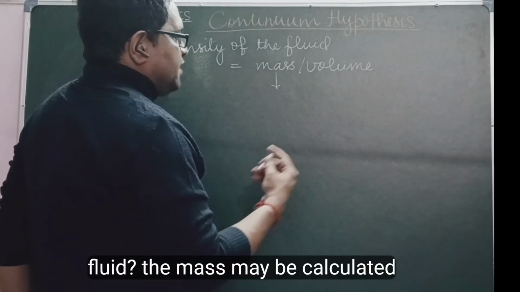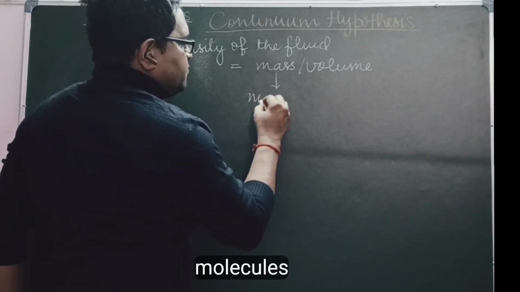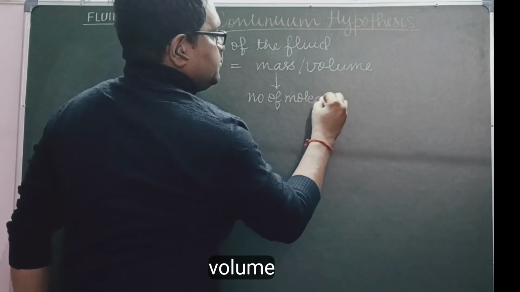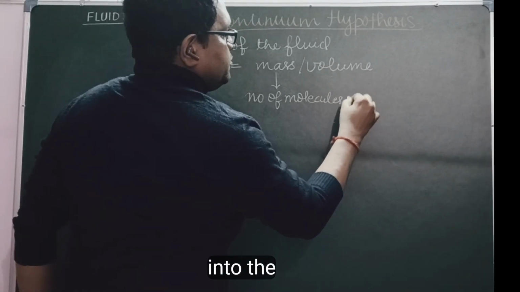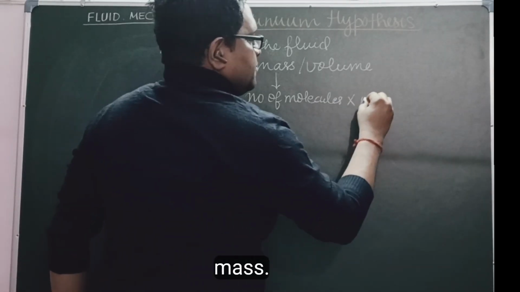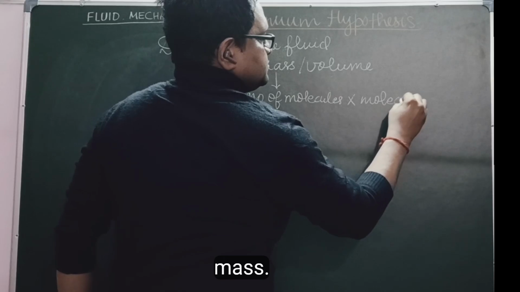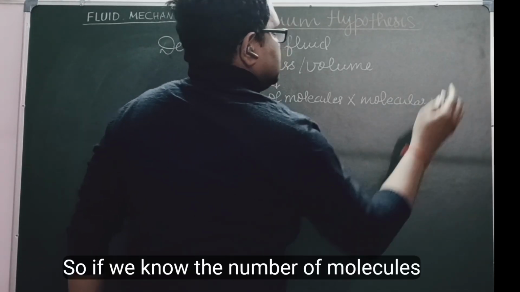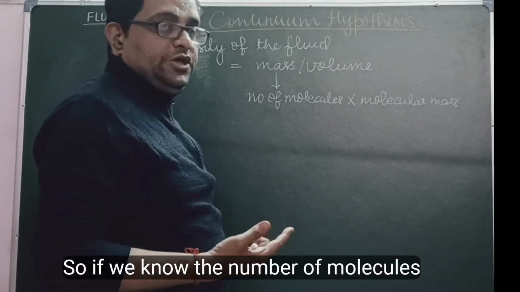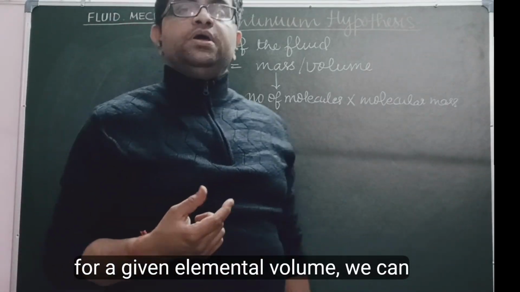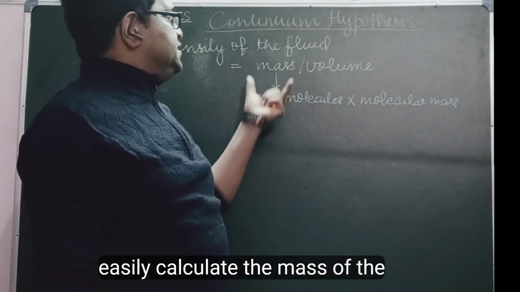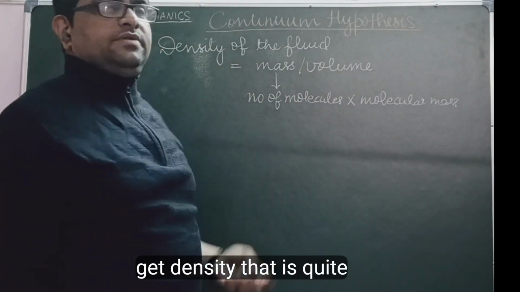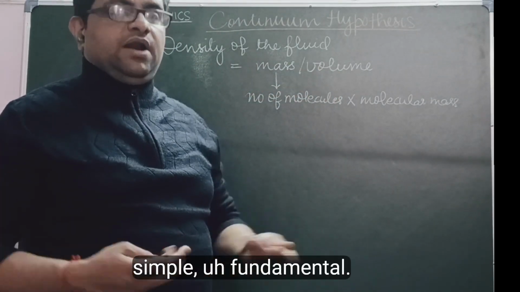The mass may be calculated as the number of molecules in that elemental volume times the molecular mass. So if we know the number of molecules for a given elemental volume, we can easily calculate the mass of the fluid, and if we divide it by volume, we will get density. That is quite simple, fundamental.